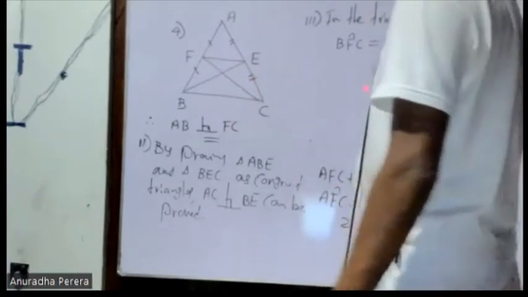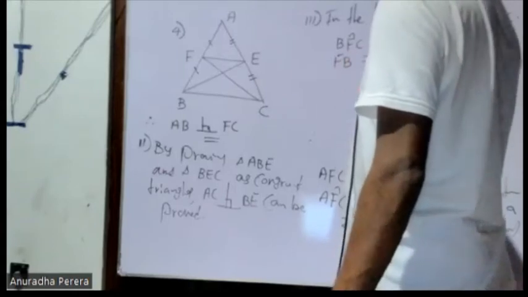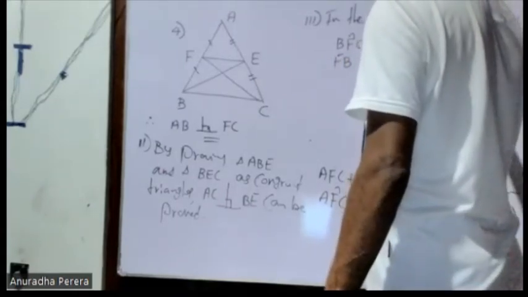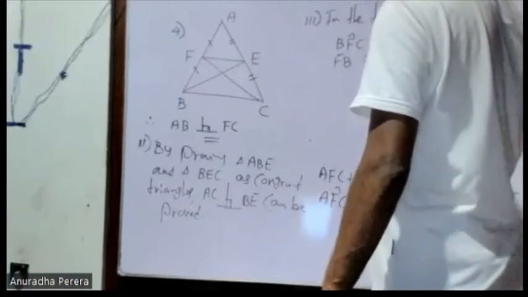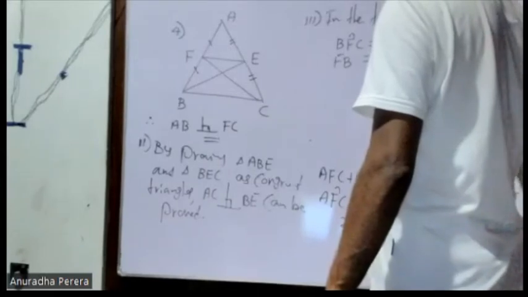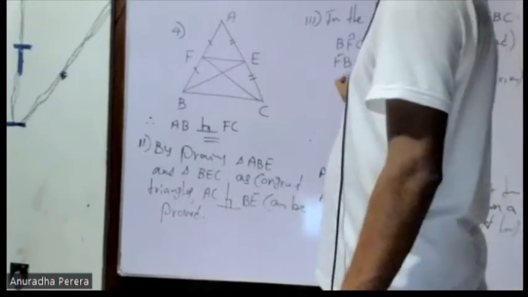And we know FC equals EC, half of the sides of the equilateral triangle. BC is common.